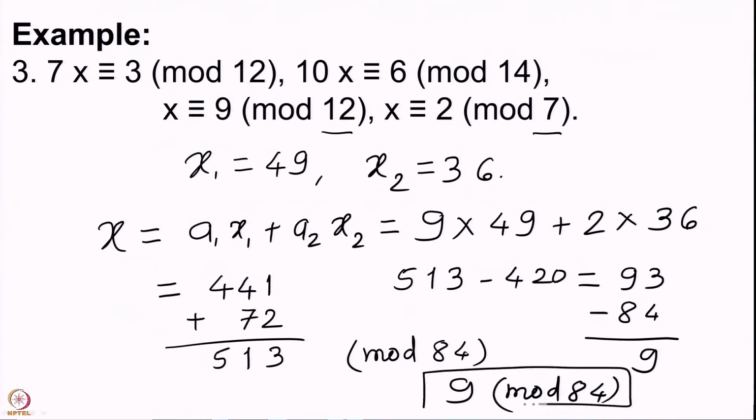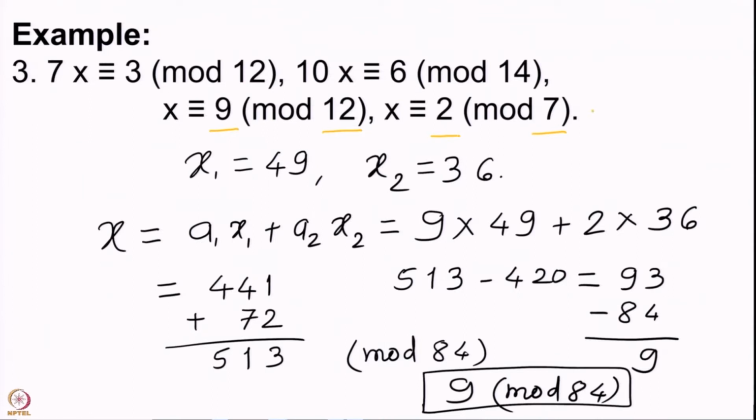Is that really the answer? Let us check it. When we go modulo 12, we do get 9. After all, 9 is 9 modulo 12, and when you go modulo 7, you do get 2, because 9 is also 2 mod 7.